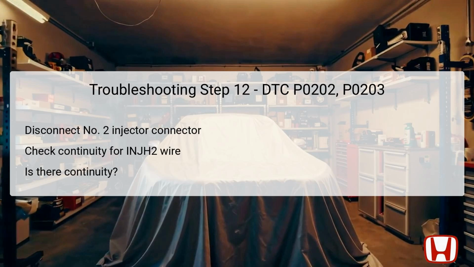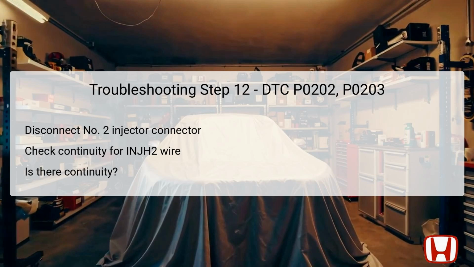Following successful continuity on the earlier lines, disconnect the number 2 injector 2P connector from the assembly. This essential action prevents cross-circuit impedance while enabling focused testing of the INJH2 wire. Conduct a continuity test between the specific points to ensure the continuity of the wire.